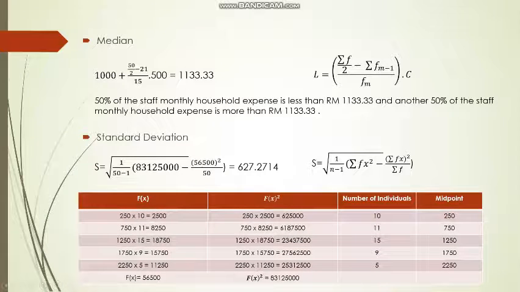To find the summation fx, we must multiply the midpoint with the frequency of the class, and next for fx to the power of 2, to find it, we must multiply the midpoint with the fx and we will get the answer.